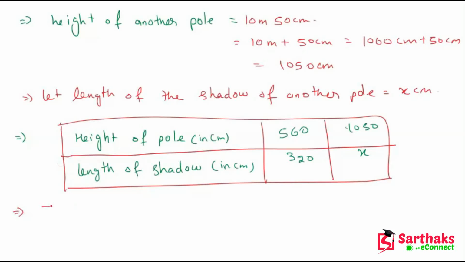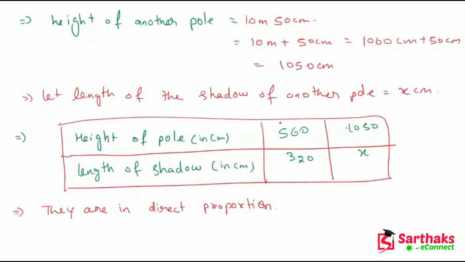So we can write they are in direct proportion. We know that if two variables are in direct proportion, then we can write x1 upon y1 is equal to x2 upon y2. This is our x1 and this is our y1. This is our x2 and this is our y2.